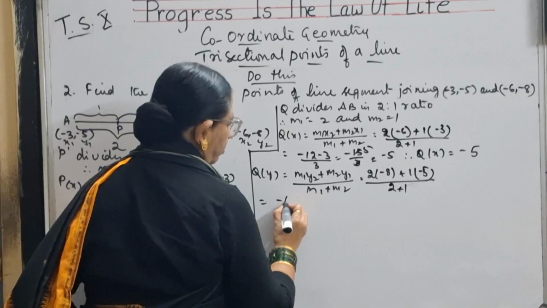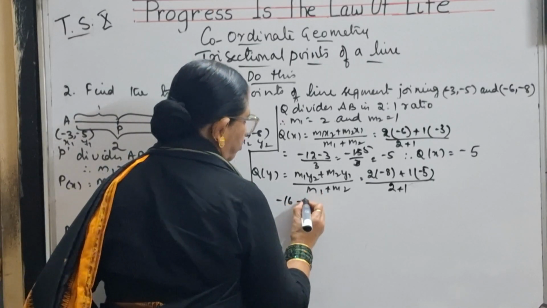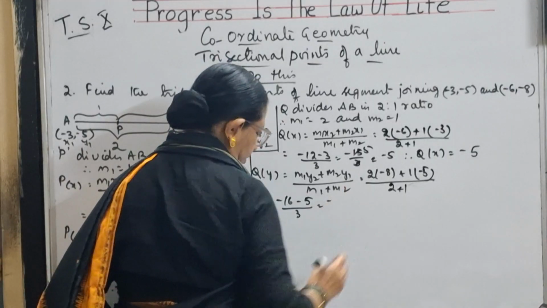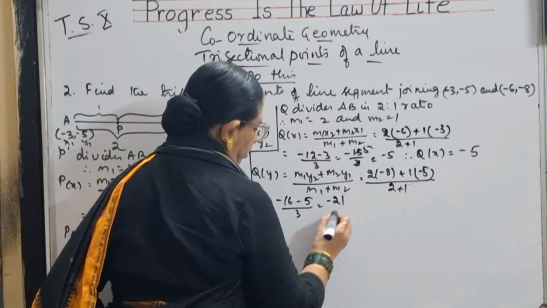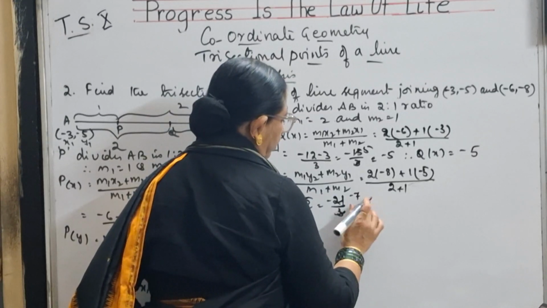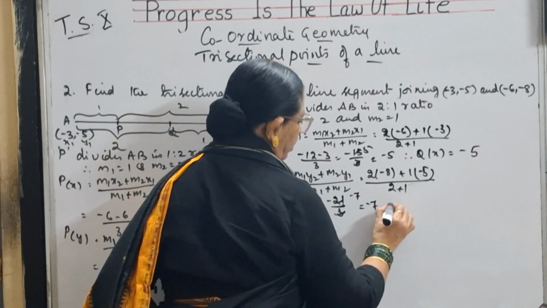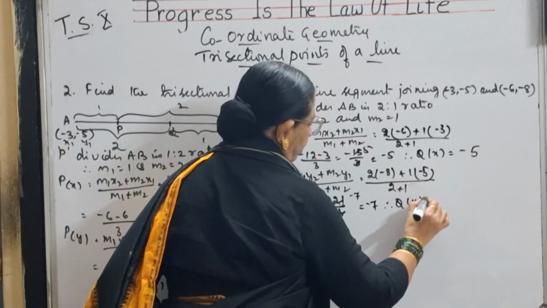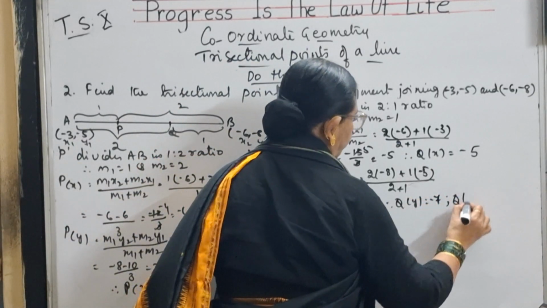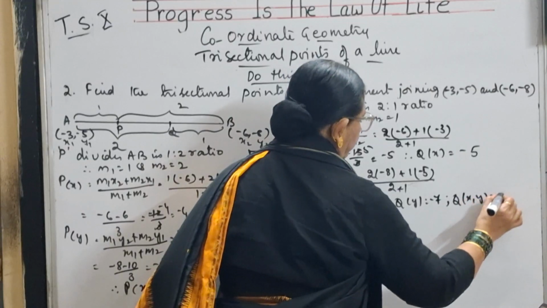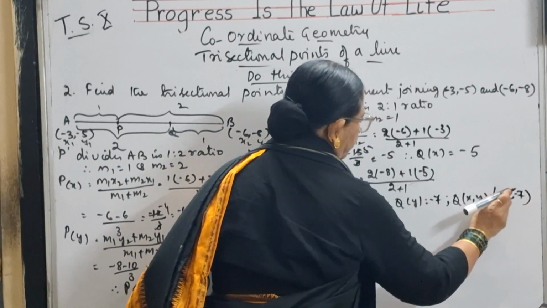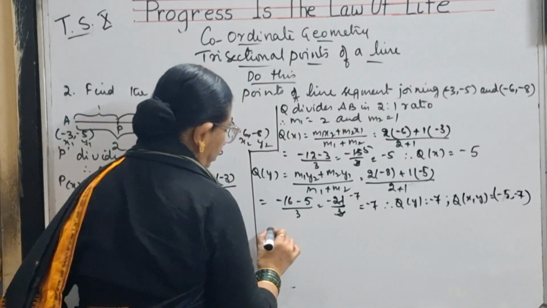That is equal to (-16 - 5) by 3, that is -21 by 3, which is -7. Therefore, Q of y is equal to -7 and Q of x comma y is equal to (-5, -7). So let us write the solution.